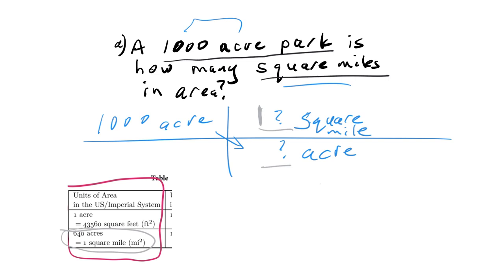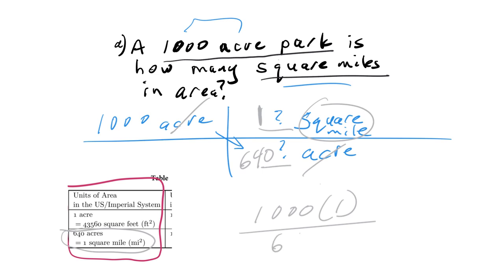Well, 1 square mile is 640 acres. So the acres cancel out. Do I have square miles now? Yes, I do. So my answer, take out my calculator, 1,000 times 1 divided by 640.